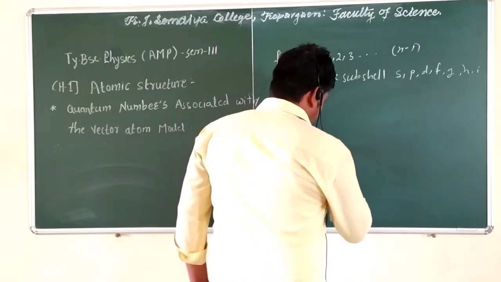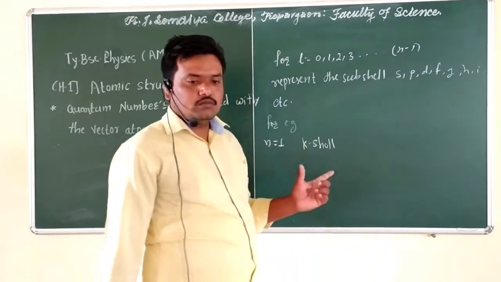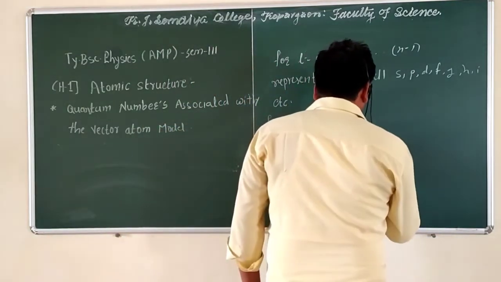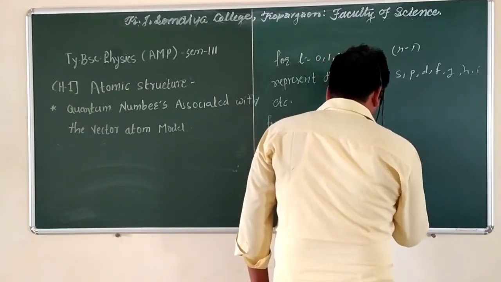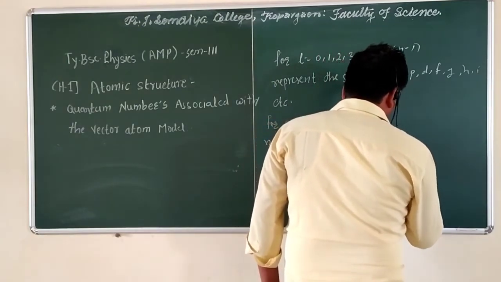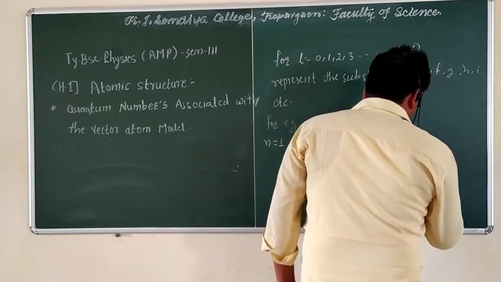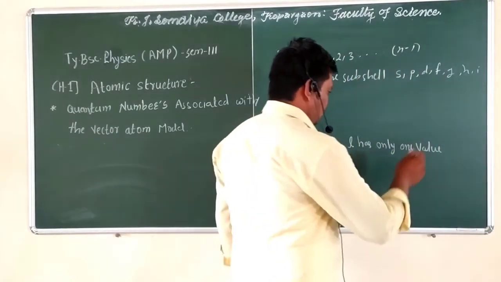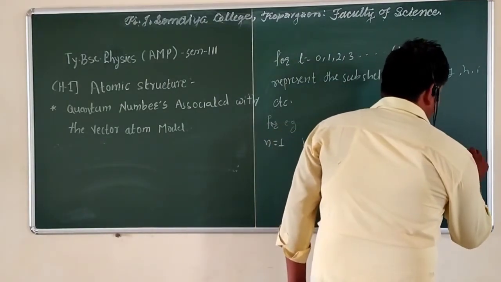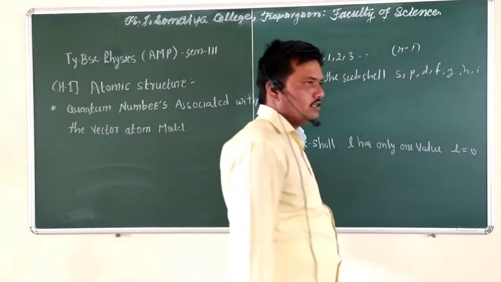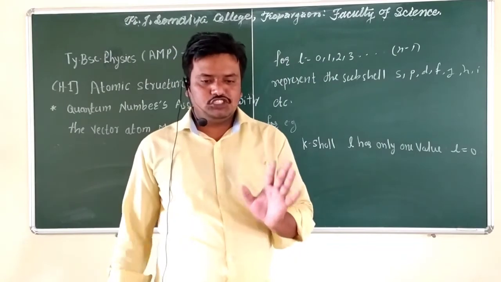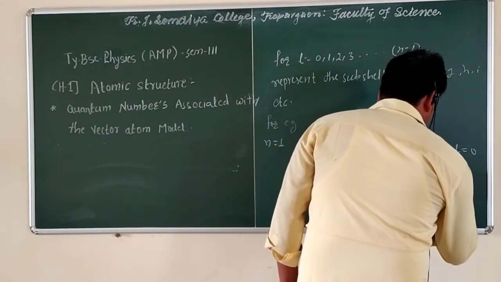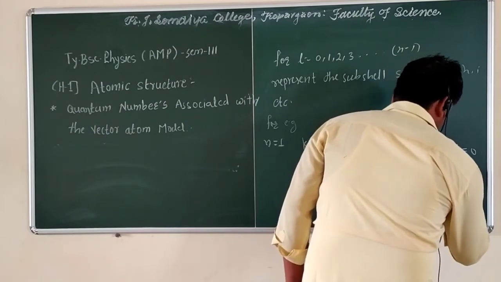The orbital quantum number L has only one value, L equal to 0, and that is the S subshell.